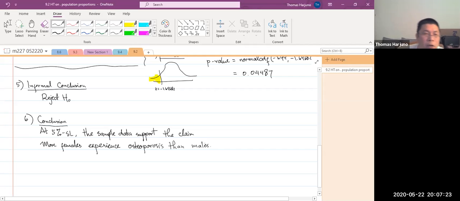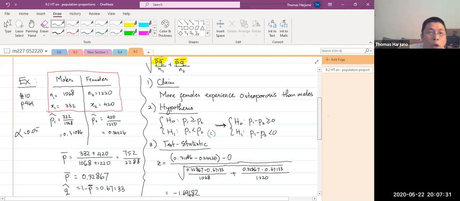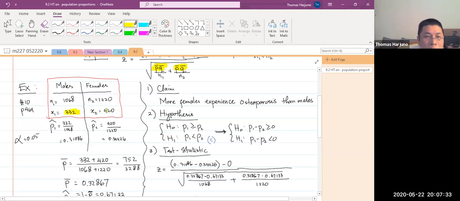Now, even though the wording sounds like we have more females experience osteoporosis than males, we're supposed to look at the proportion. We are not looking at the number of people. It is possible you happen to observe more females, you ask more females in our society, such that you end up with more females experiencing that.